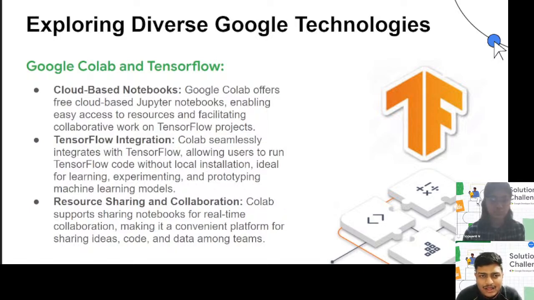It was very easy to integrate since it was from Google, and this is how we faced a challenge and overcame it. This was my experience, and now over to you, Vijayanti.